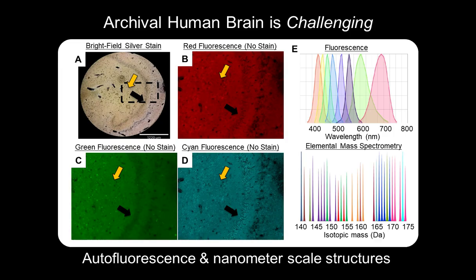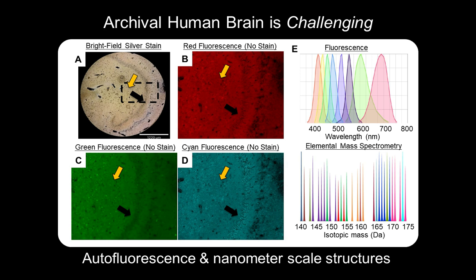The reason why neuropathology is interesting but also challenging is because it's a really complex tissue, and it has a lot of complex issues that go along with it. The real challenge is that with most imaging applications, using fluorescence can be great, but as this slide highlights, even just doing low-color fluorescence imaging on an unstained field of view, you get beautiful differential autofluorescence on central nervous system tissue.